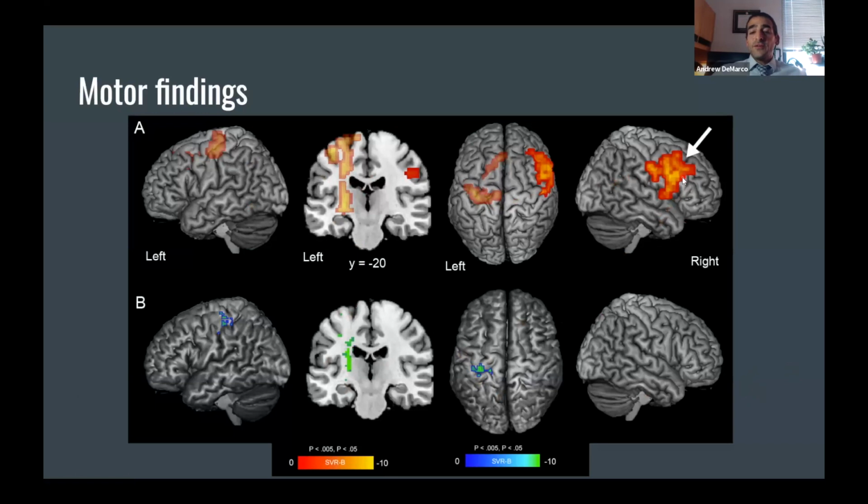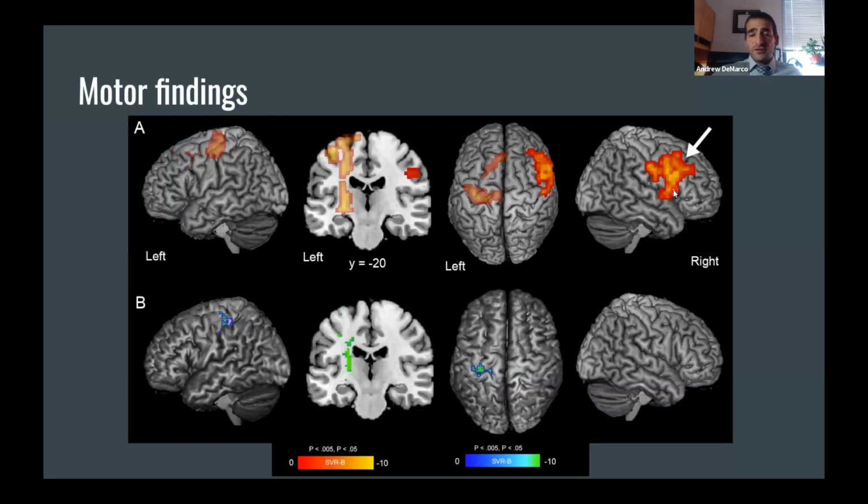And of course, we found it very interesting that the strongest result was right premotor cortex, contralesional to where you would expect damage to the motor system to cause impairments in motor function. And so this, again, is suggesting that we're maybe extending the sensitivity of this type of analysis beyond the lesion boundary.